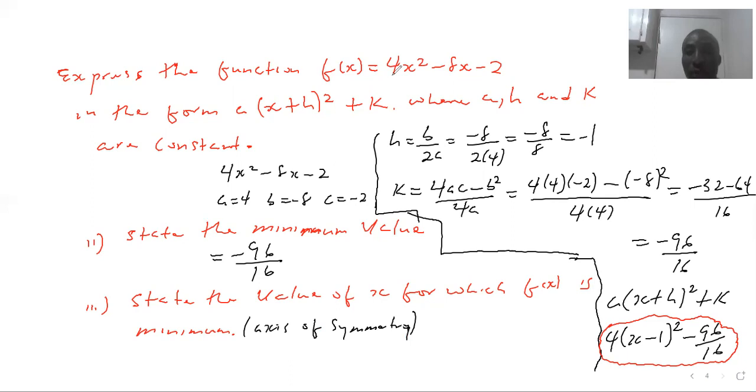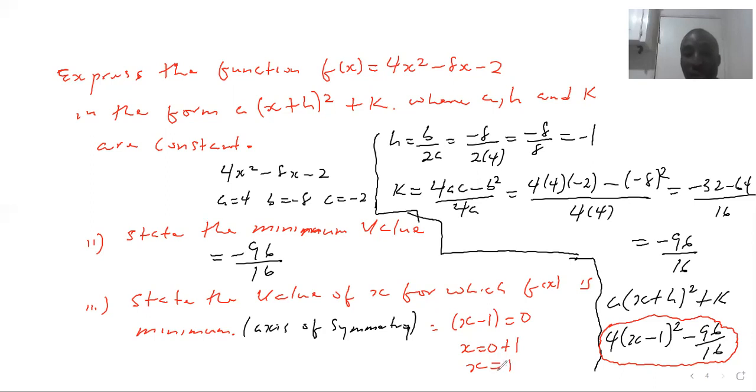So this will give you x minus 1 equal to 0. So x is equal to 0 plus 1, so x is equal to 1. So the value of x at which f(x) is minimum is positive 1. You only take whatever you have inside the bracket, equate it to 0, and solve for x.